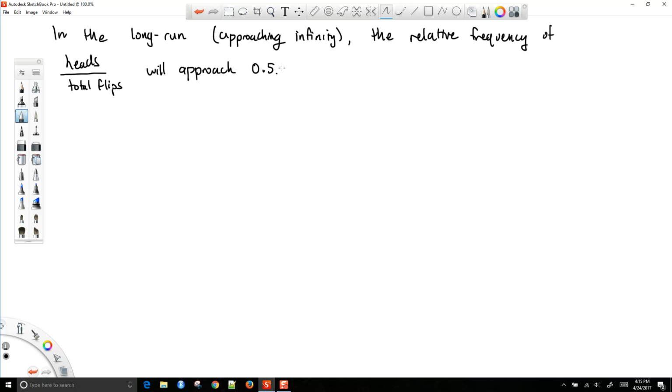And that's kind of what we mean when we talk about probabilities. We're talking about the long run relative frequency.